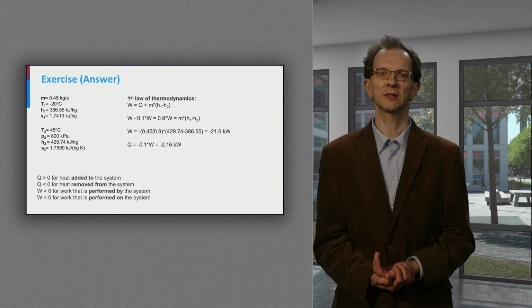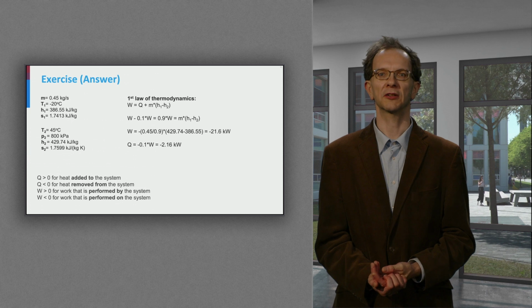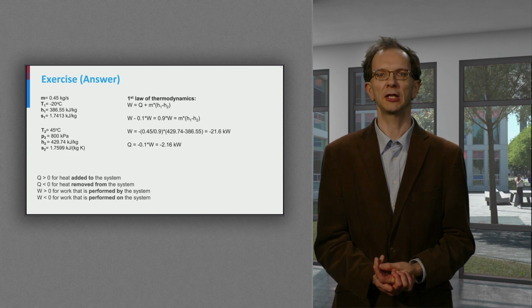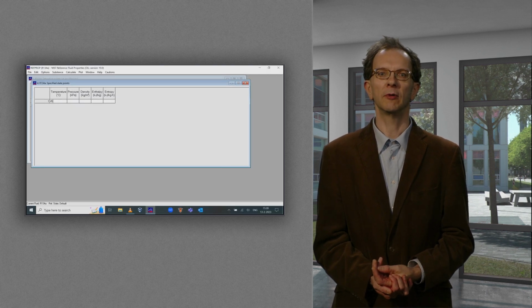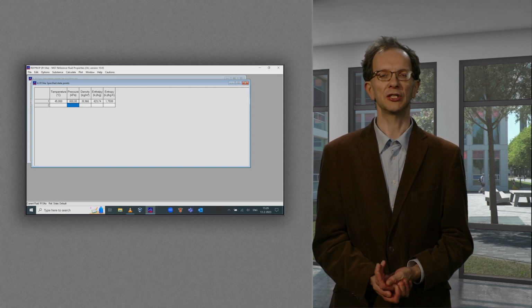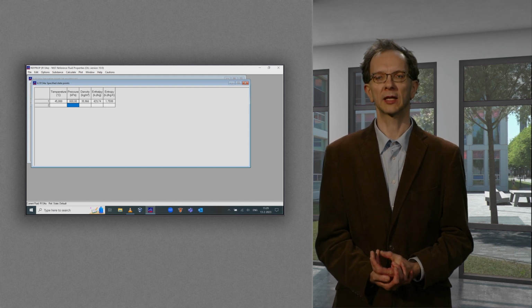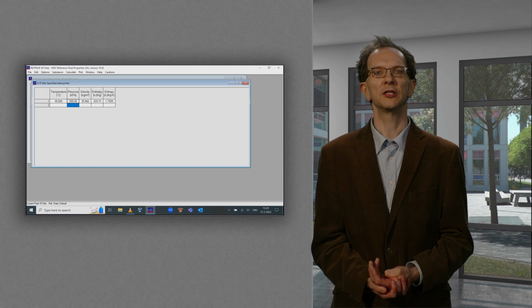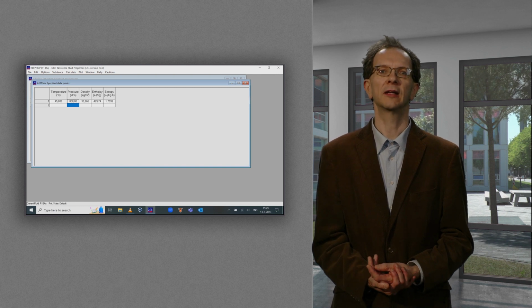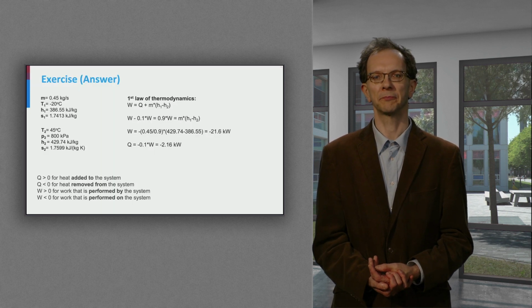At the outlet, the temperature is 45 degrees Celsius and the pressure is 800 kilopascal. So with RefProp, we find the enthalpy and entropy at the outlet of the compressor. These are H2 is 429.74 kJ per kilogram and S2 is 1.7599 kJ per kilogram Kelvin.